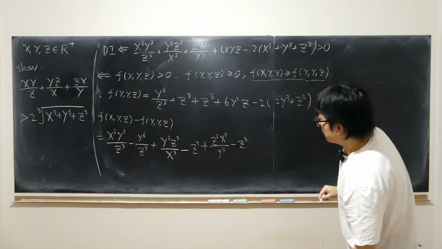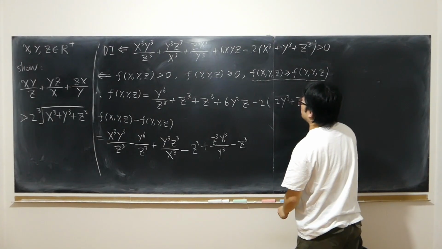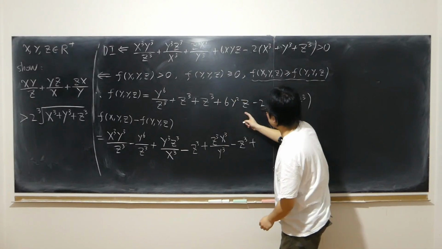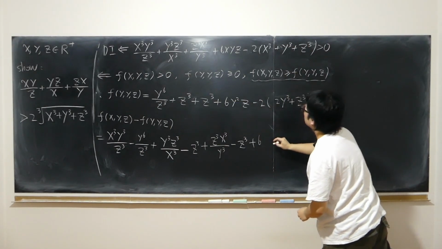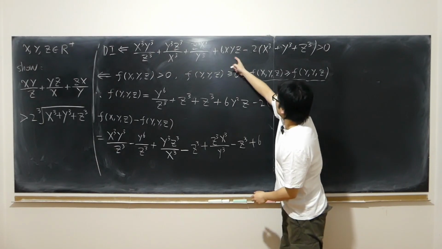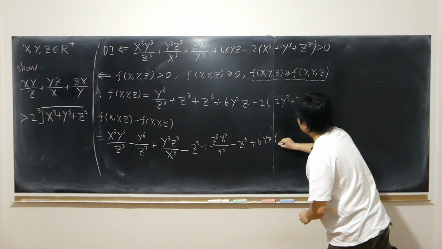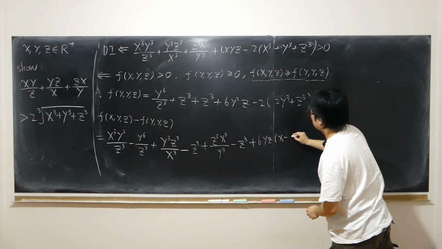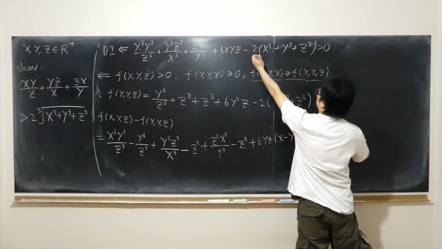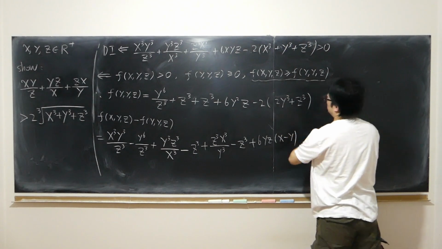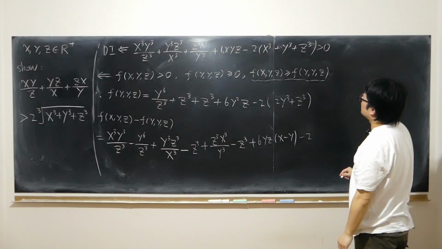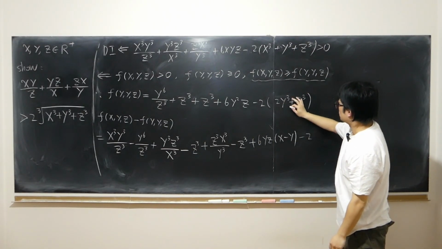After I've done that, I continue with 6xyz minus 6y squared z. There's a common factor yz, so I have x minus y. Then the following corresponding position, this term minus this term, minus 2, you have to change the signs of those terms.